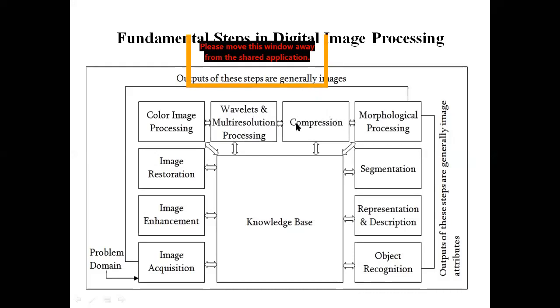Compression is something known to us also. Compression means reducing the storage space of the image. Next, morphological processing.